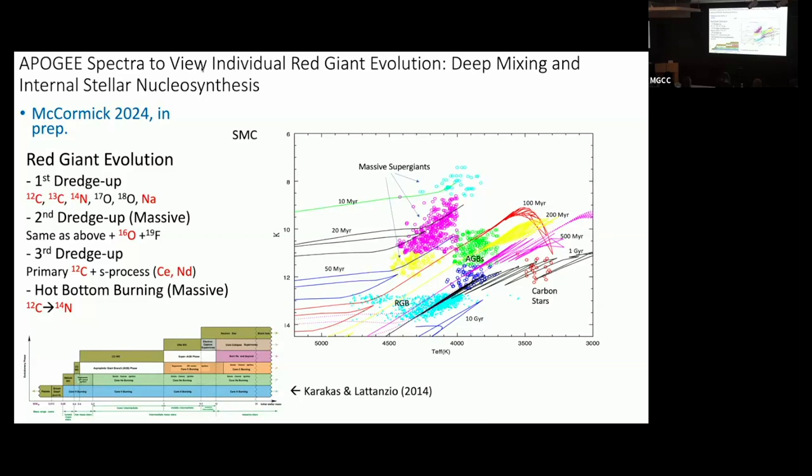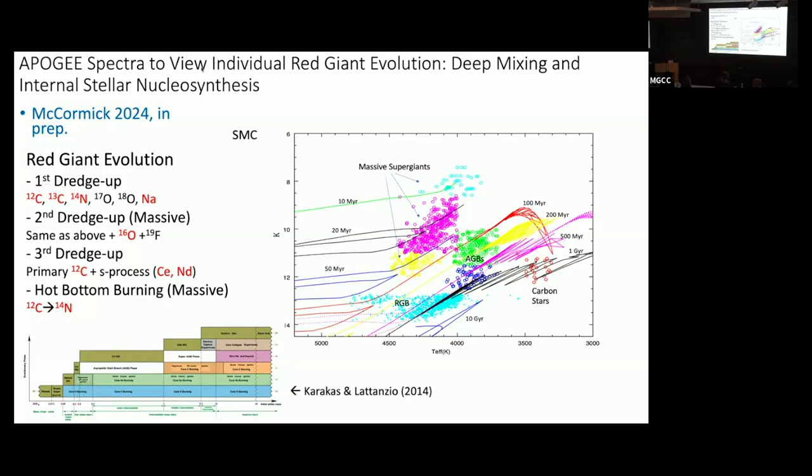The nitrogen they produce here comes from the carbon-12, so this is referred to as secondary nitrogen. This is primary because the carbon-12 comes from helium. So you can see these enormous abundances of nitrogen in some of the more massive AGB stars. So this is all that APOGEE is capable of doing.